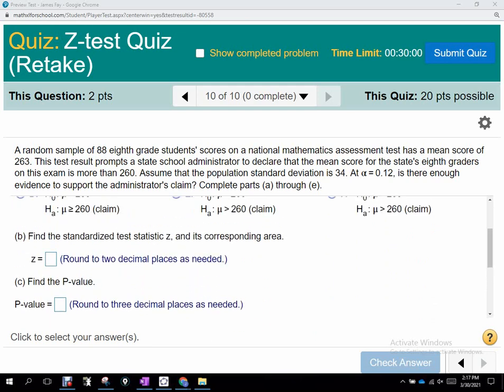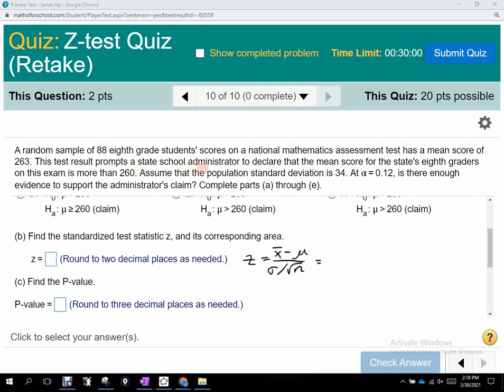Now it says find the standardized test statistic and its corresponding area. So that means find the Z score for our data. So run through X bar minus mu over sigma divided by root n. X bar is the mean of the sample.